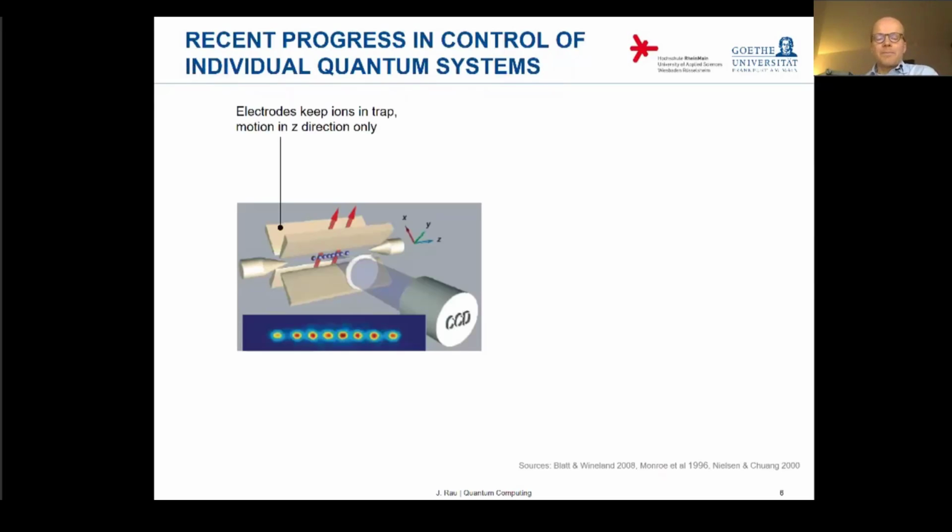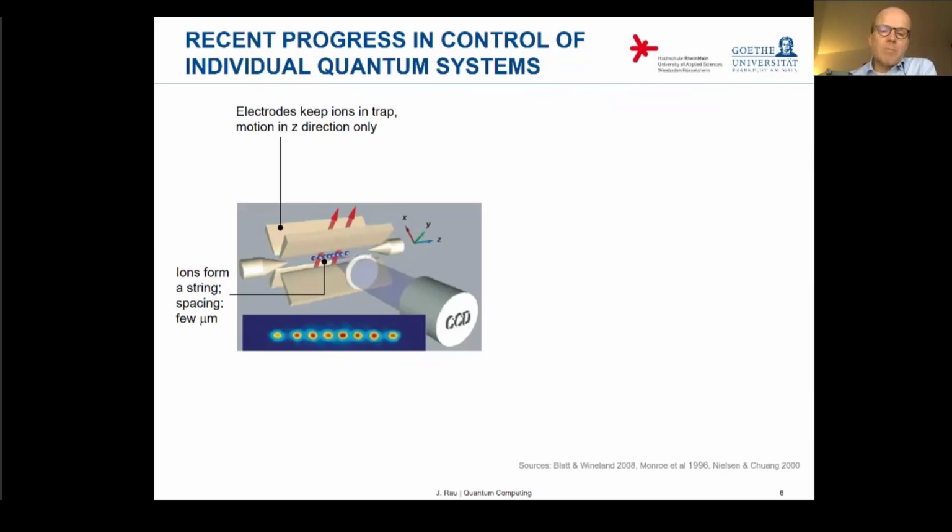I show you here a particular example. This is an ion trap, also known as a Paul trap, and so you have magnets and you have electromagnetic fields controlling ions, and they are lined up essentially in one dimension, and you have these electrodes that keep these ions in the trap and ensure that they can move in one dimension only.